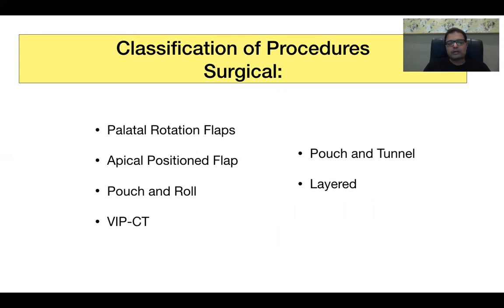We start with palatal rotation flaps, apically positioned flaps, pouch and roll technique, vascularized interpositional connective tissue grafts, pouch and tunnel, and layered. Both of these can be epithelialized and de-epithelialized. So you can have a de-epithelialized palatal graft, and you can also have an epithelialized one. You can have an epithelialized apically positioned flap, or de-epithelialized. A combination of both can be used depending upon the clinical indication we are dealing with.